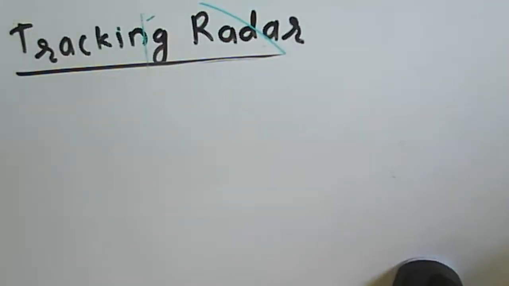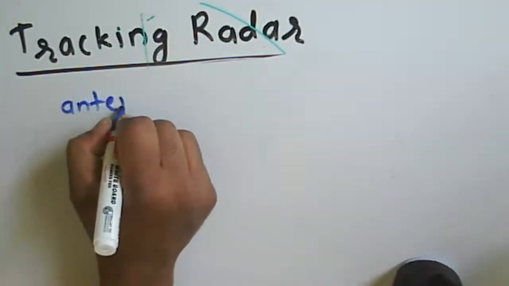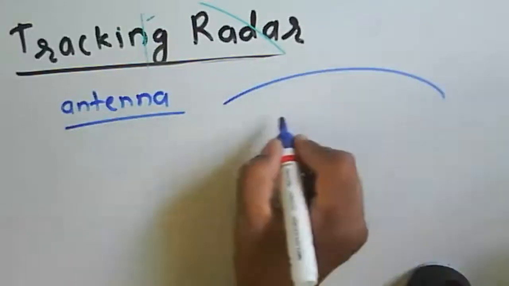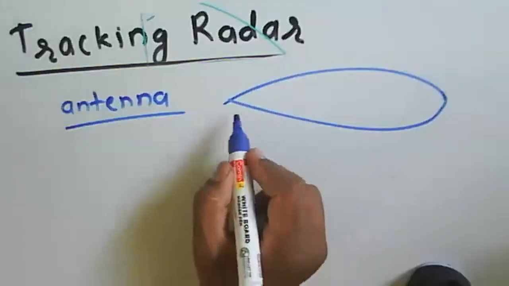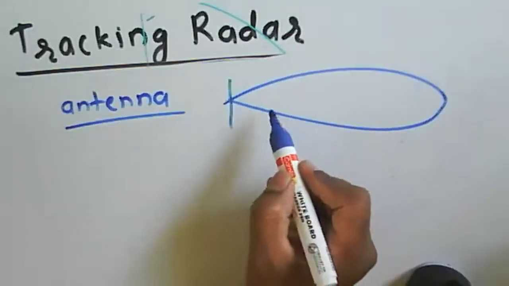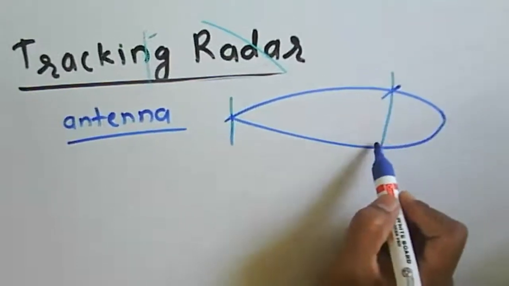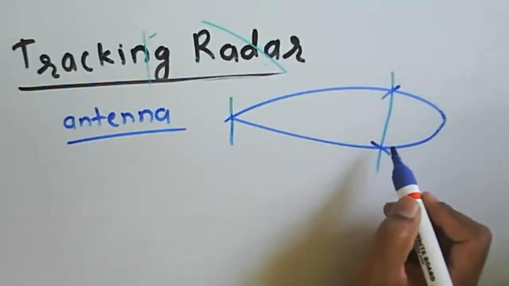For tracking, we need an antenna, a specific antenna for this. In that case, what will be the radiation pattern of the antenna? Through that radiation pattern, we can say what area is covered, using the beam width. So this is the area covered by the antenna.